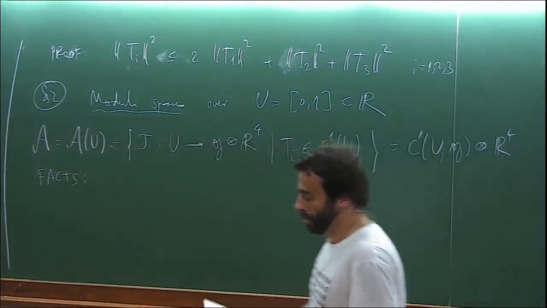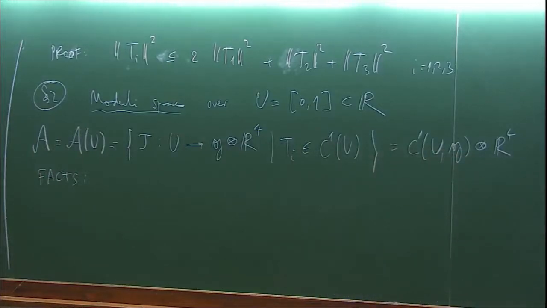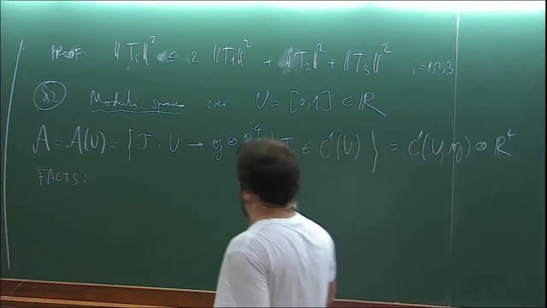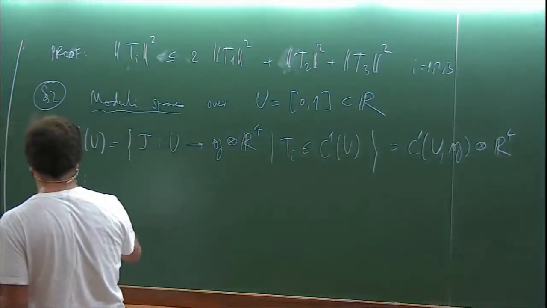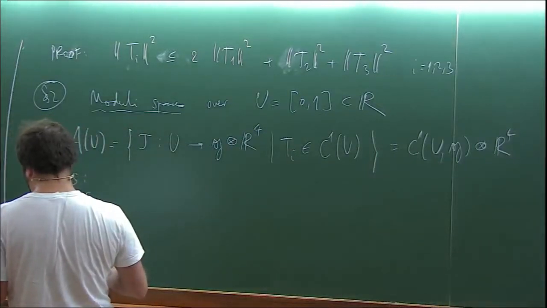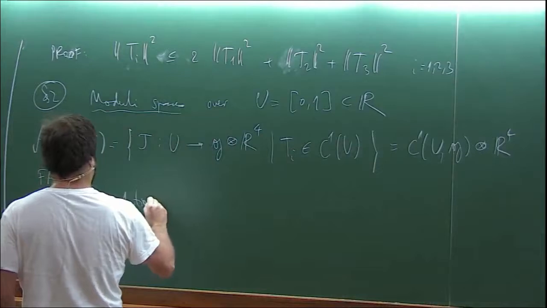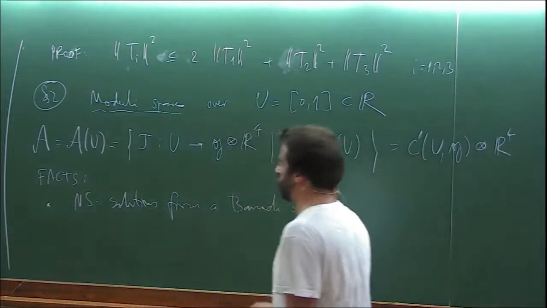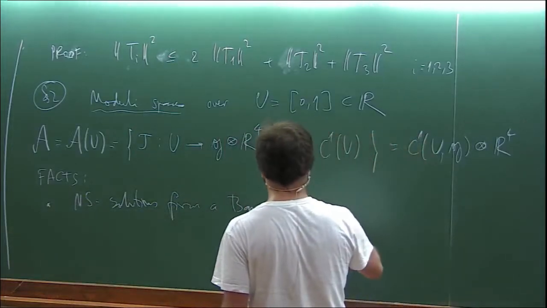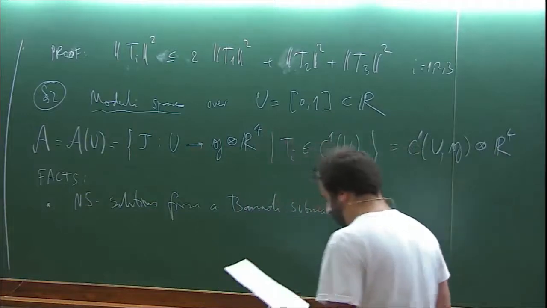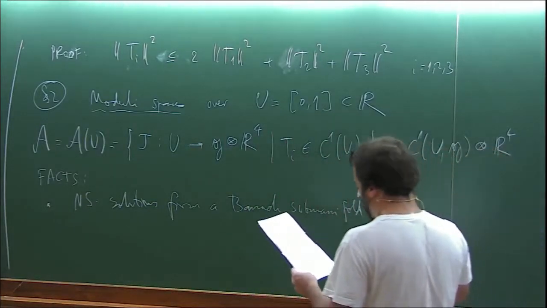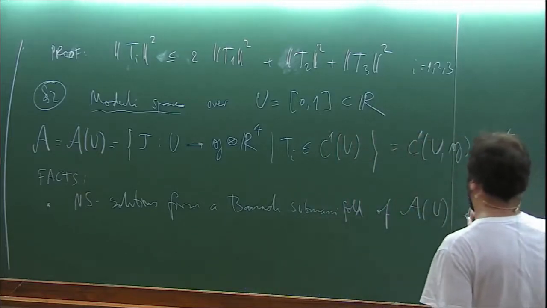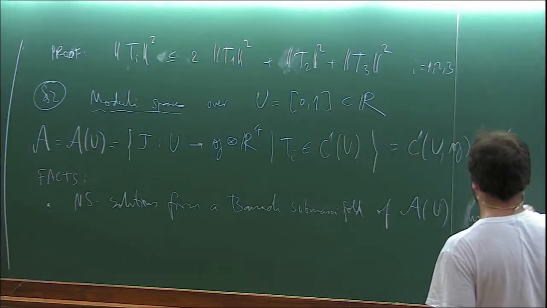Now I have some facts. These are easy theorems, or just observations, that we have in our paper. The first fact is that the set of Nahm-Schmid solutions forms a Banach submanifold, here using, for example, the C1 norm.